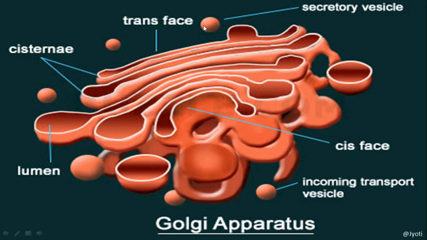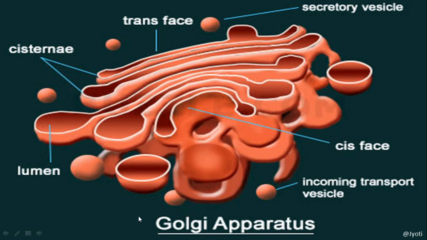These vesicles combine together to form the cisternae. This is called the forming face. As the Golgi body attains maturity, the concave face is present here, and it is also called the mature face. This is the mature end of the Golgi apparatus.